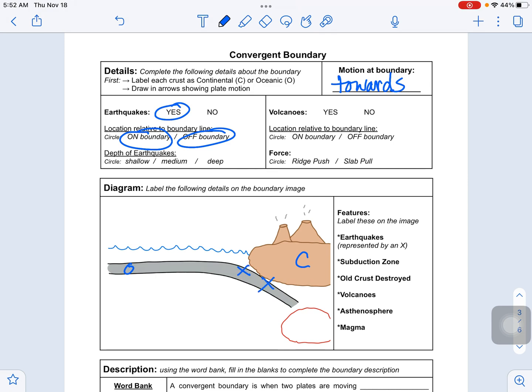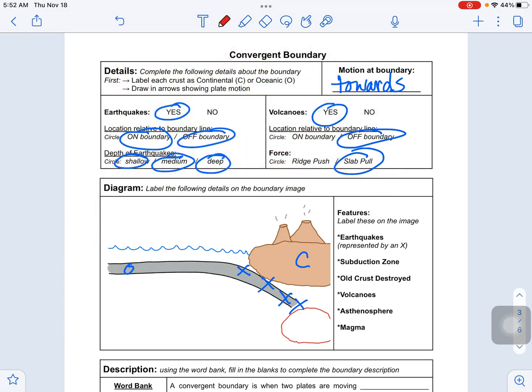Here's where they can occur, anywhere along that boundary and off the boundary. They're going to be shallow, medium, and deep. Volcanoes, yes. These volcanoes are going to occur off the boundary. And we call this slab pull.